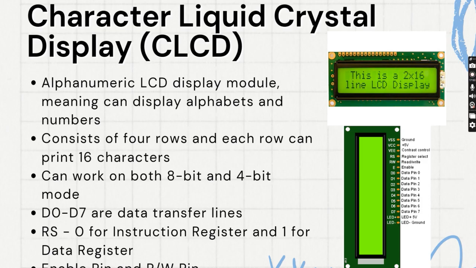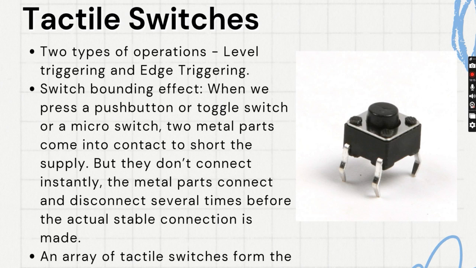It can work in both 8-bit and 4-bit modes. In this, D0 to D7 are data transfer lines. RS is 0 for the instruction register and 1 for the data register. It also has an enable pin. So in this project, we are using this for displaying whether the washing machine is on or off.